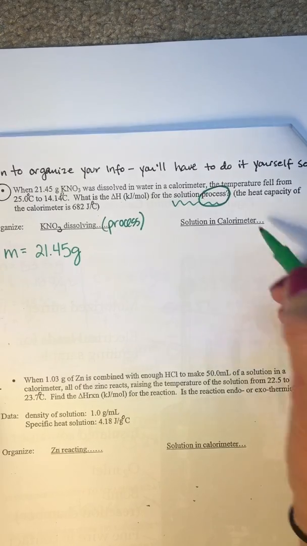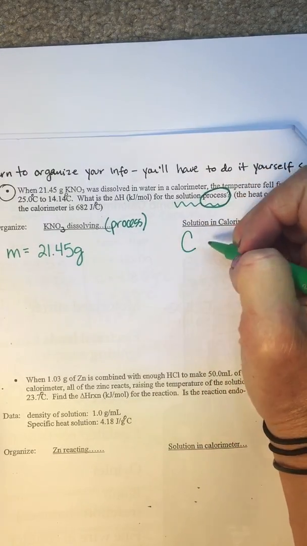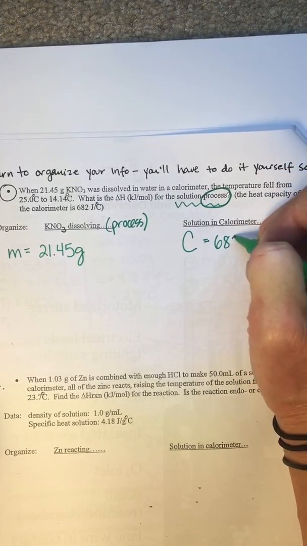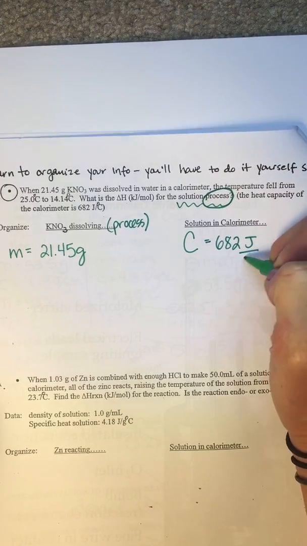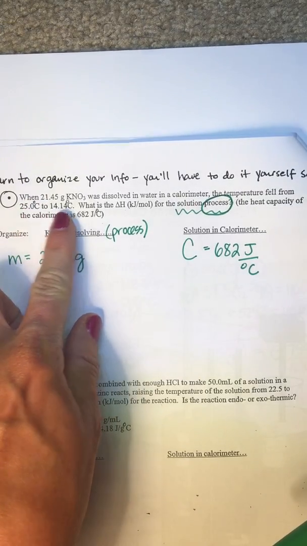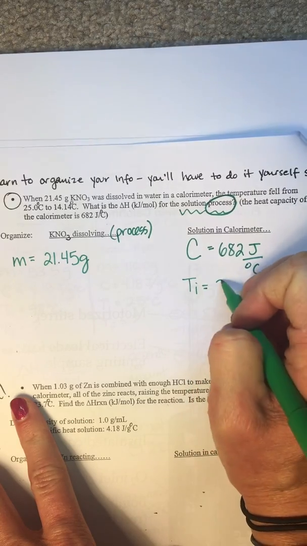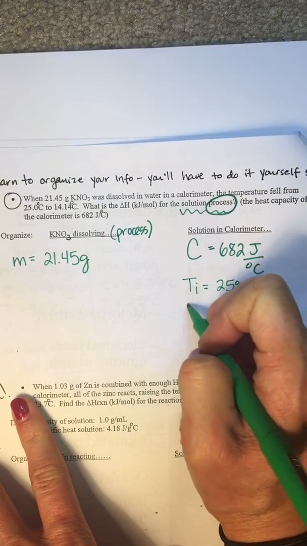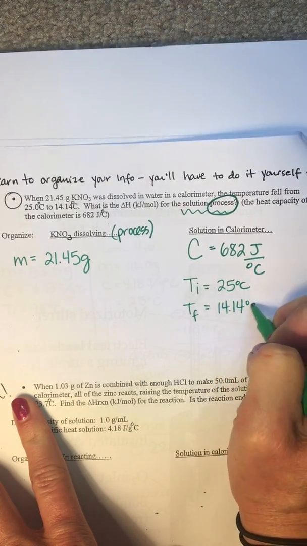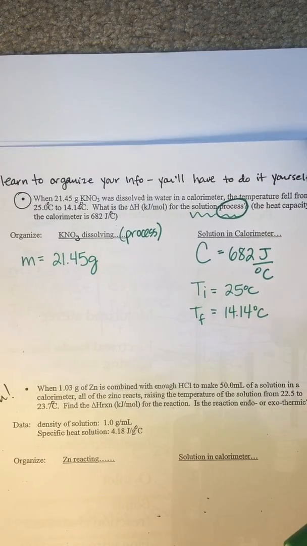They gave us a bunch of information about the calorimeter. That's big C. Notice the units: just energy over change in temperature. And we also have the temperature change of the solution and the calorimeter. It started out at 25 degrees Celsius, and it ended up at 14.14 degrees Celsius.